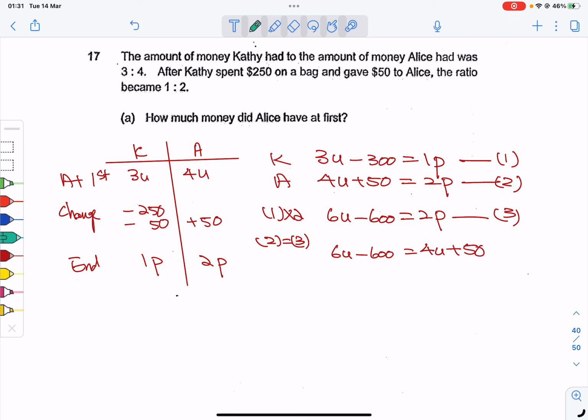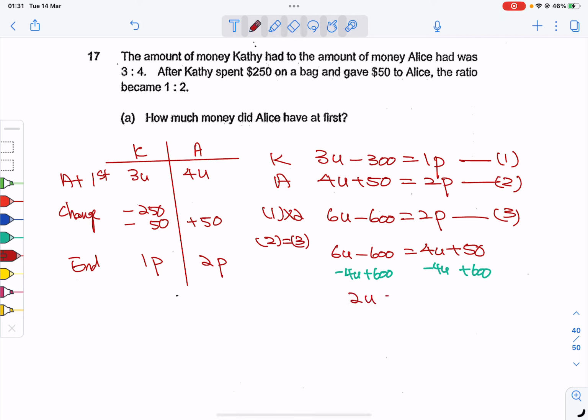So we will have to move. So here I minus 4 units. Here I also minus 4 units. Here I plus 600 to offset. So here also plus 600. So 6 units minus 4 units, I left 2 units. Excuse me, I like to use the same color.